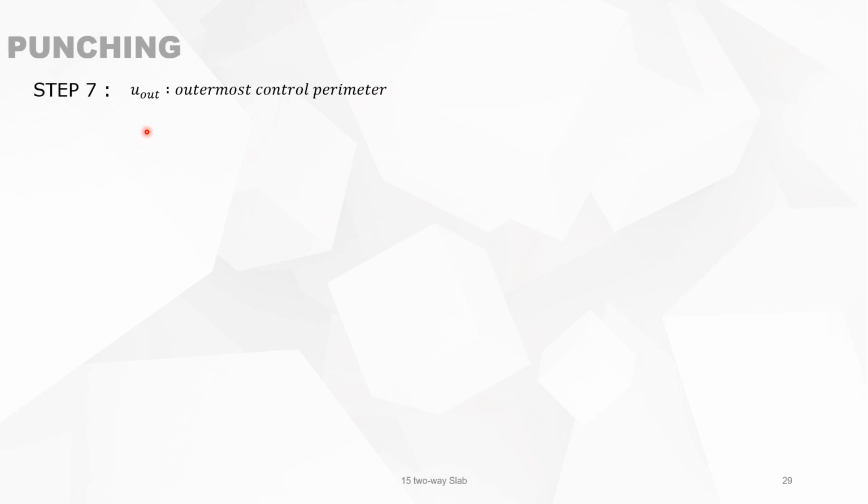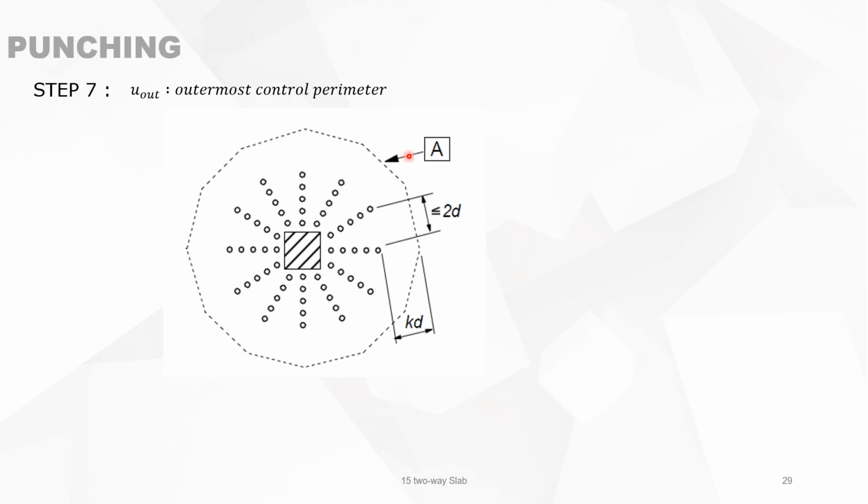Step 7 is a check. We are looking for the outermost control perimeter. This is the perimeter where the shear stress from punching is equal to the resistance shear stress of the concrete alone. So VED must be equal to VRDC.